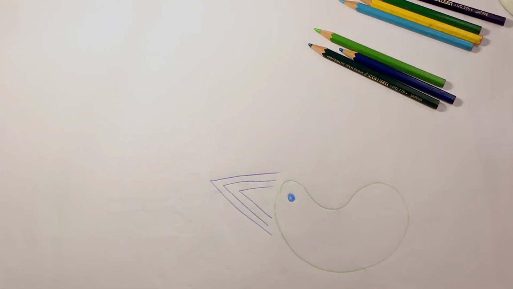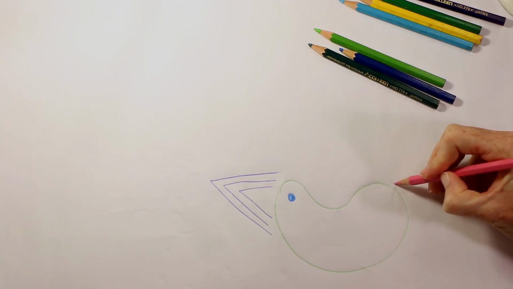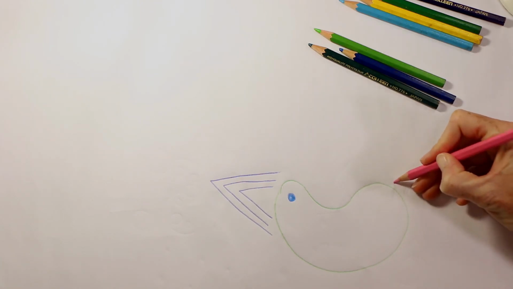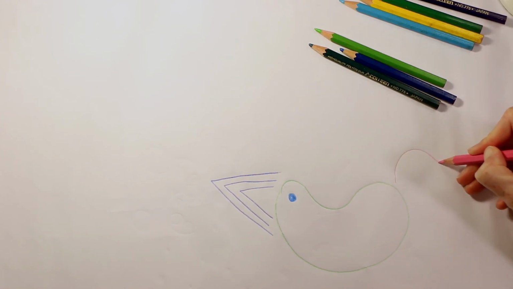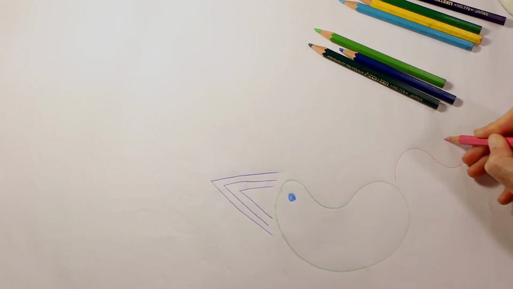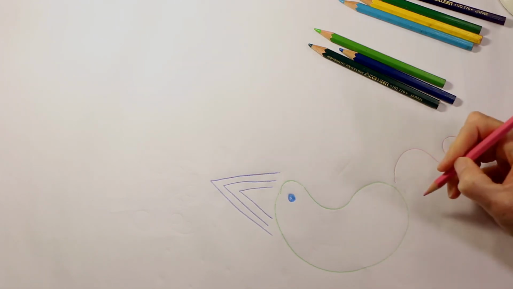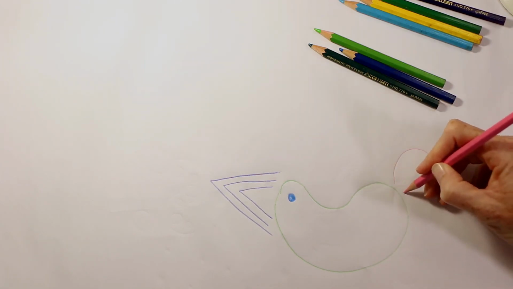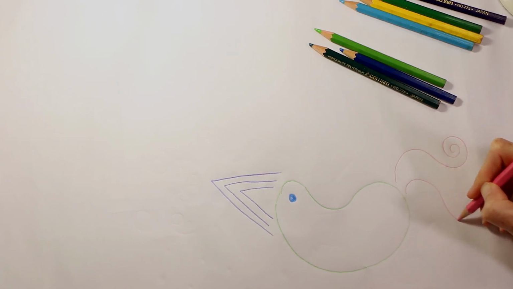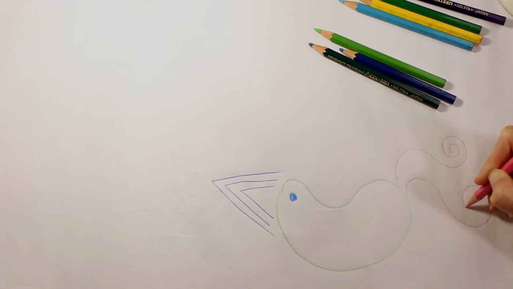Now we're going to add a few more curved lines to this form that we've done in green. Let's start over here. Maybe we've got a bit of a curved line here and it swings around and spirals in. Maybe there's another curved line here that comes around and it curves in and spirals in.